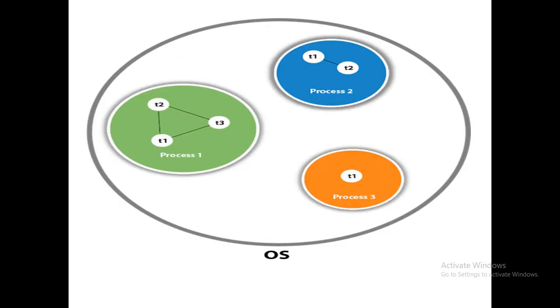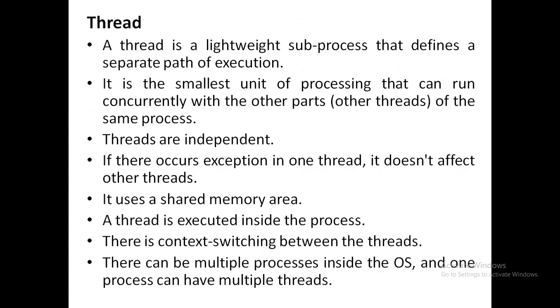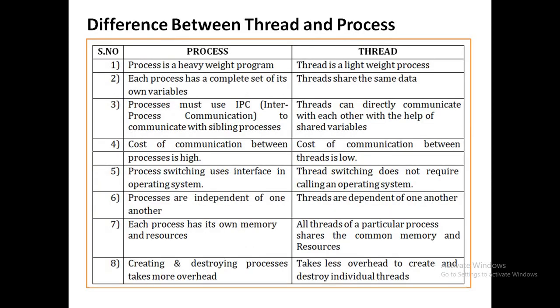So here an operating system can have multiple processes, and within a process there can be multiple threads, and each of the threads shares a common memory, but at the same time a separate path is used for their execution.